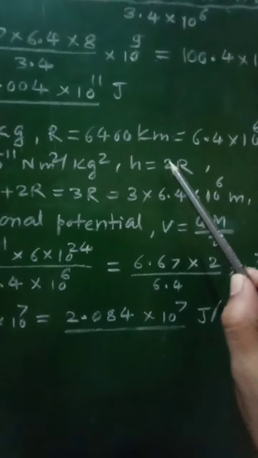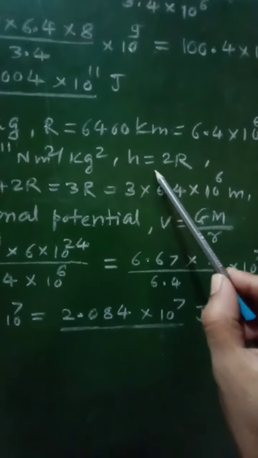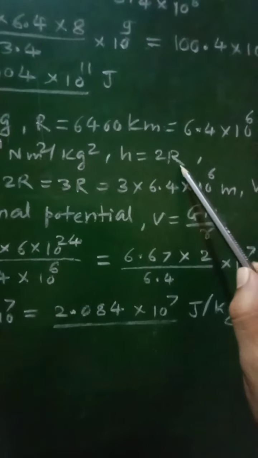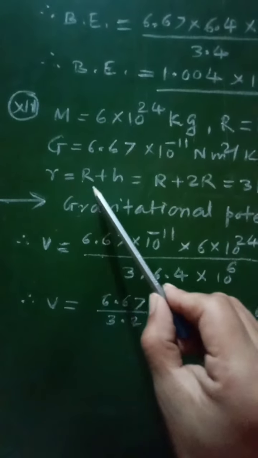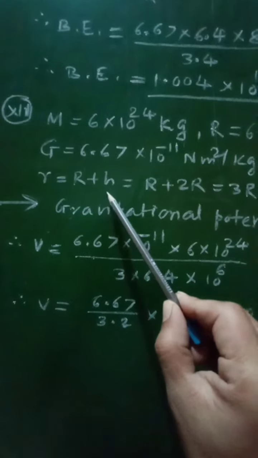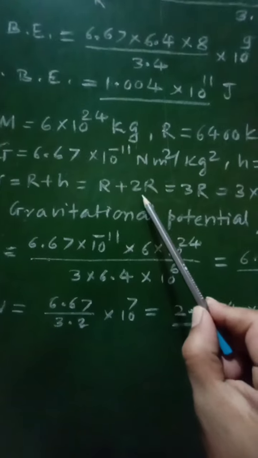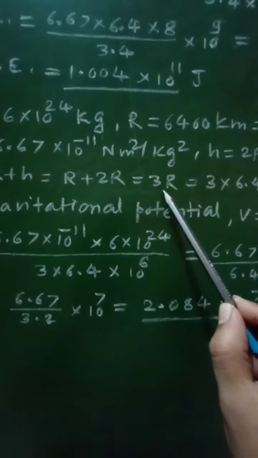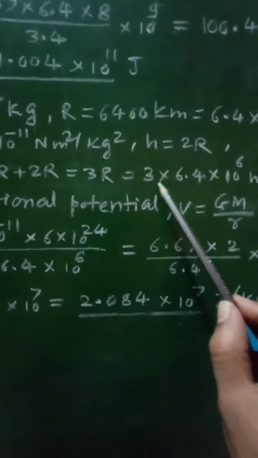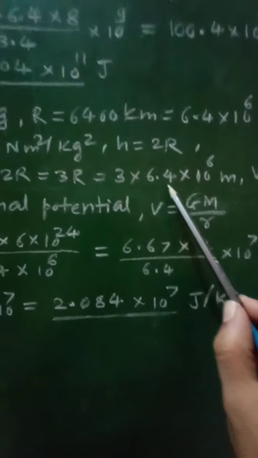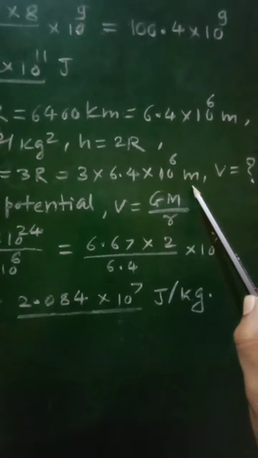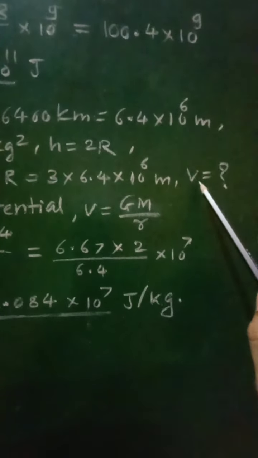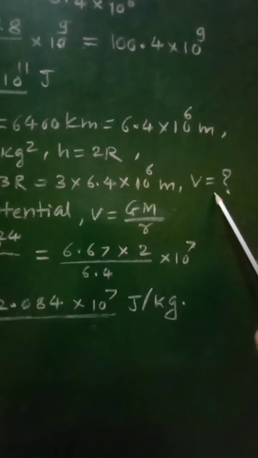H is equal to 2R, that is height will be equal to twice of the radius of the earth, and therefore radius of orbit r will be equal to R plus H, that is equal to R plus 2R, that is equal to 3R, which will be written as 3 into 6.4 into 10 raised to 6 meter. And then we will have to find out the gravitational potential phi.